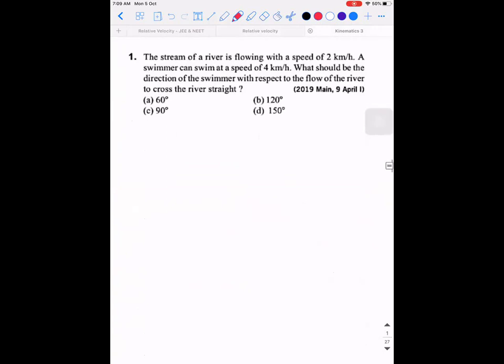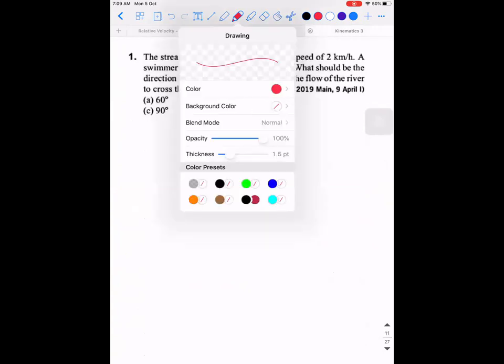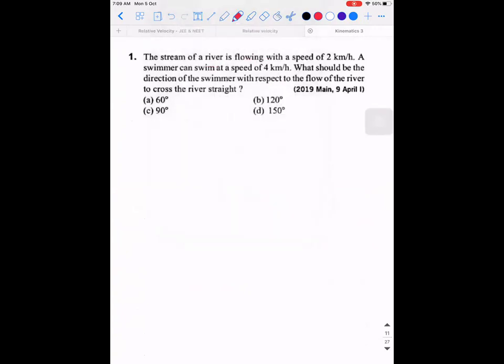See, the question is, this is a 2019 question. Forget that it is a JEE question or whatever it is. That's only for your information. Now read the question and tell me how to approach. So read it clearly. The stream of a river is flowing with a speed of 2 km per hour.